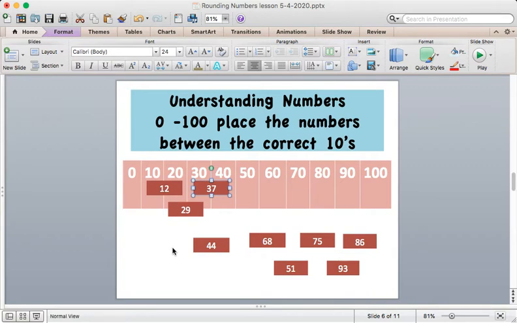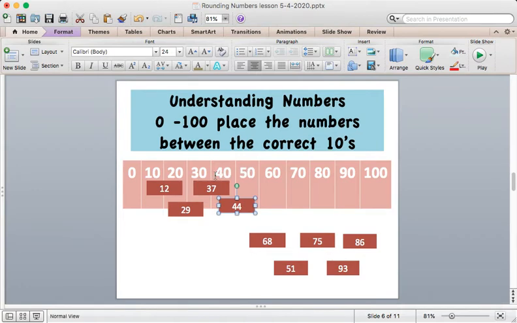So 12 fits there. 12 wouldn't fit between 70 and 80. It's not even in that number range. So you need to know your number sense to be able to understand where your numbers fall in the number line, even if they're not in order. Between 40 and 50, 44 would go there because 44 fits between 40 and 50.